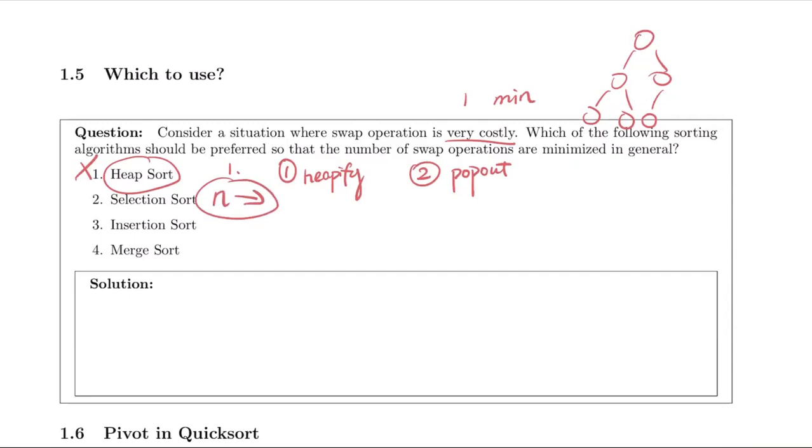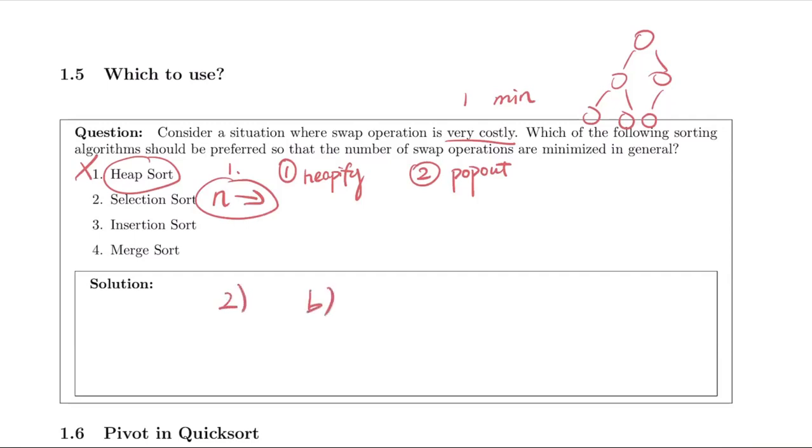Although we do a lot of comparisons, the actual swapping is only linear, because the procedure of selection sort is to first find the largest or smallest element, and then swap it into the sorted part of the array. So swapping in selection sort is minimized. The correct answer here is number 2, or B.